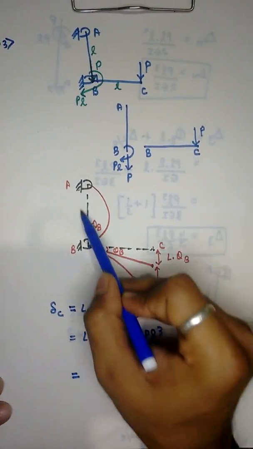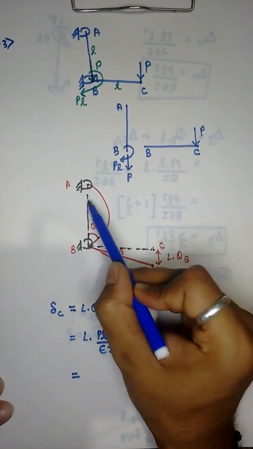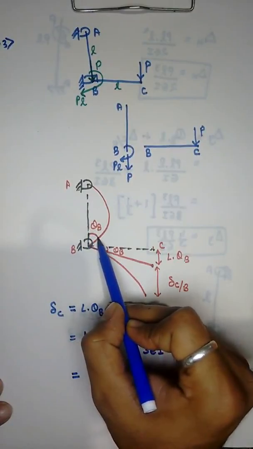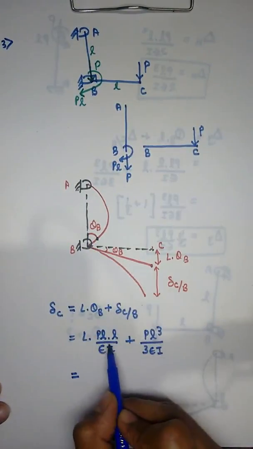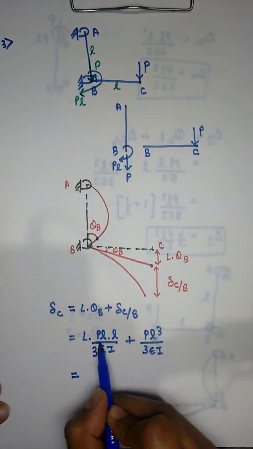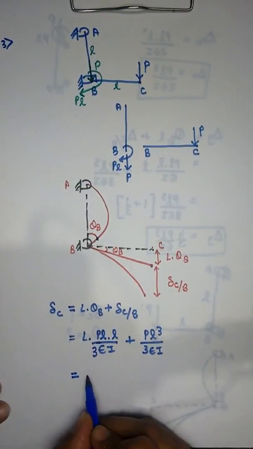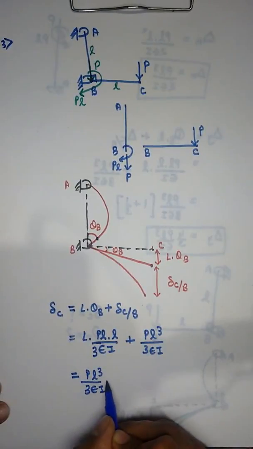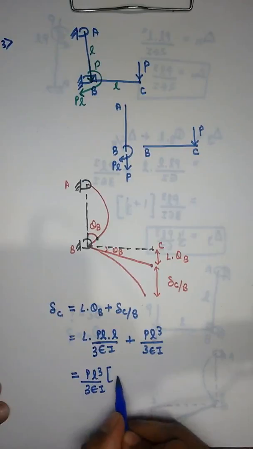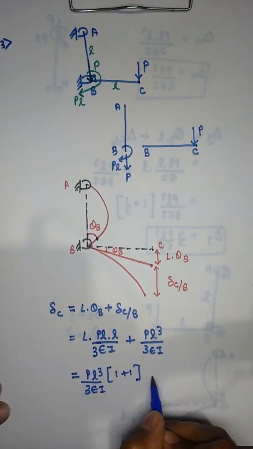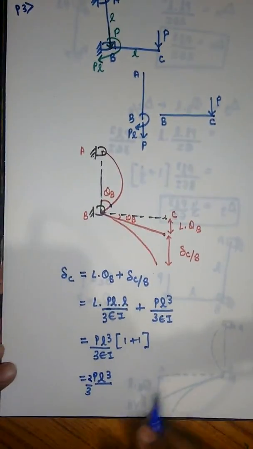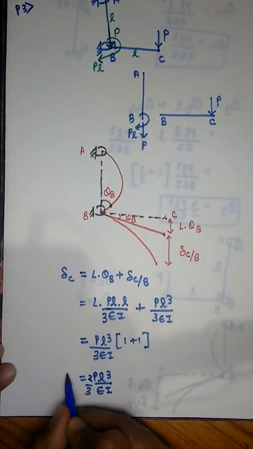Remember, this vertical section is a hinge. So this theta B is ML upon 3EI. Let us take common PL cube upon 3EI into 1 plus 1, which is equal to 2 by 3 PL cube upon EI.